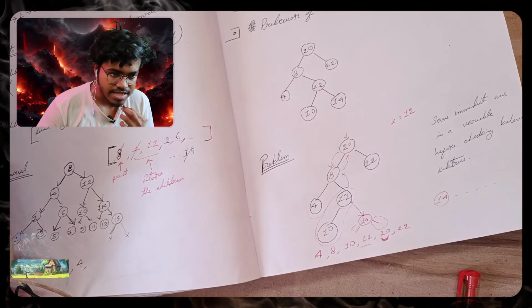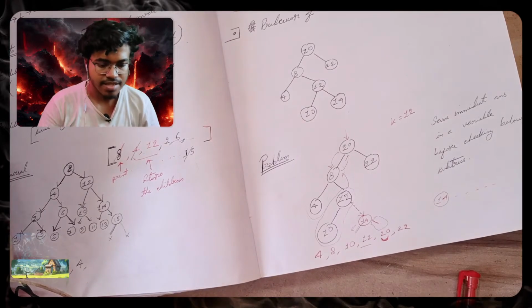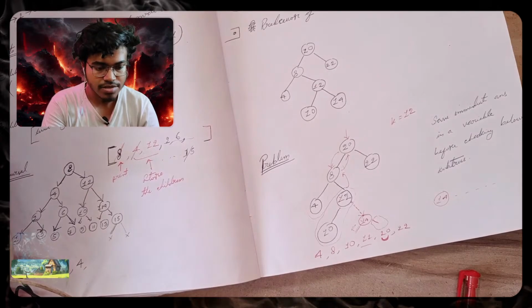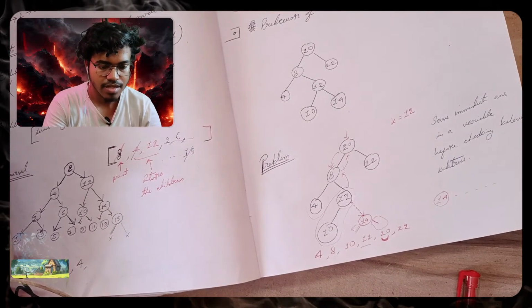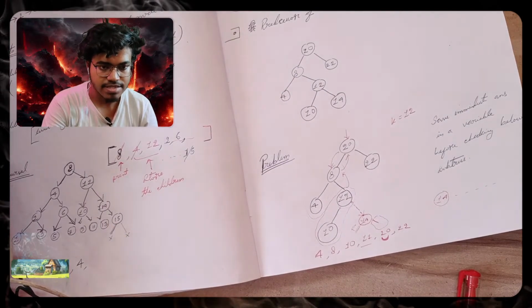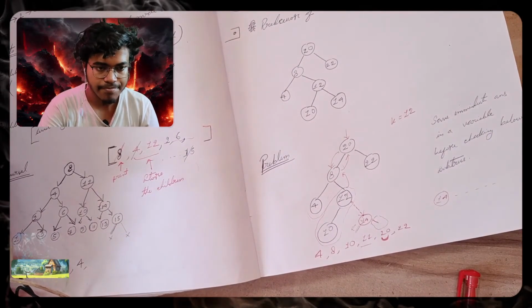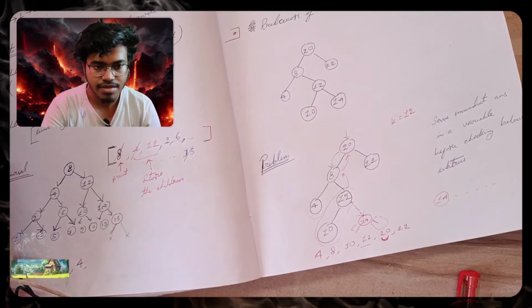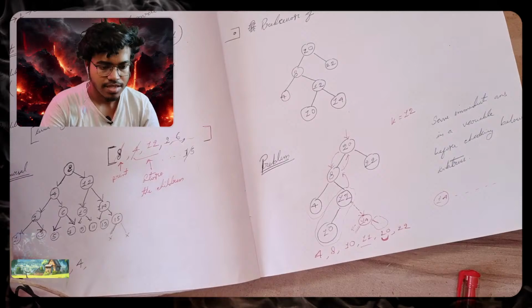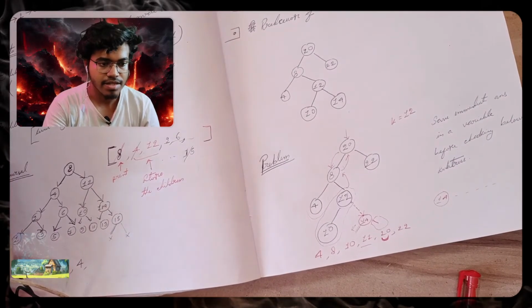So let us start there. We will start by checking if root is not none and x is not none. If root is none and x is none, then we don't do anything, return none value.